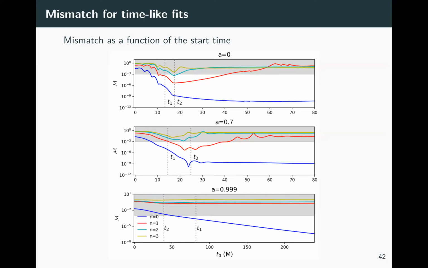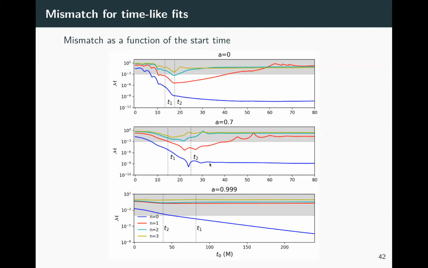It looks close to a mode, but its functional form is changing, so if you were really strict with yourself, you could say this red isn't really indicating an overtone fit because the mismatch is varying in time. The blue, though, stays constant at some point, so it's a real measurement. But it depends on how strict you want to be with yourself.